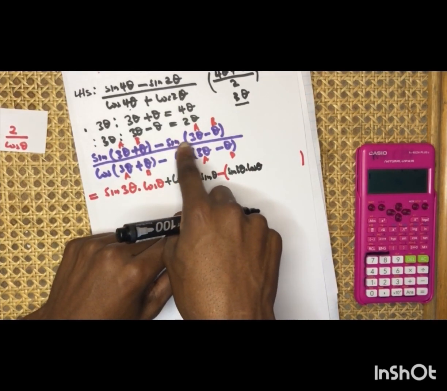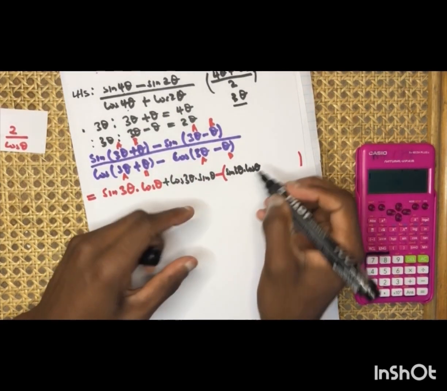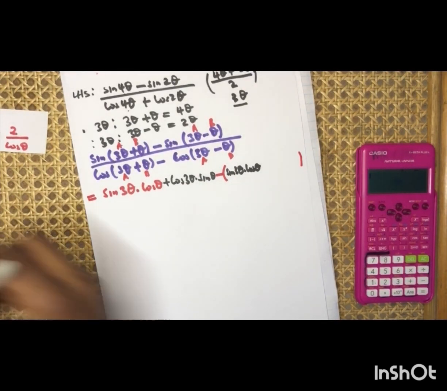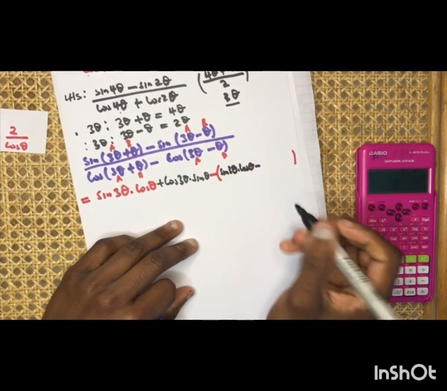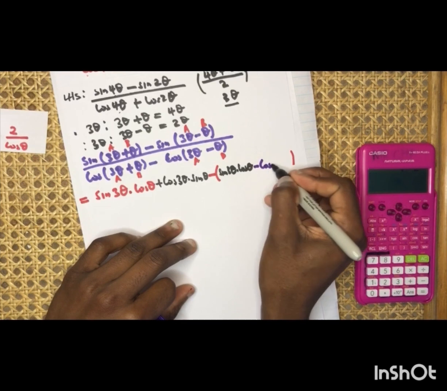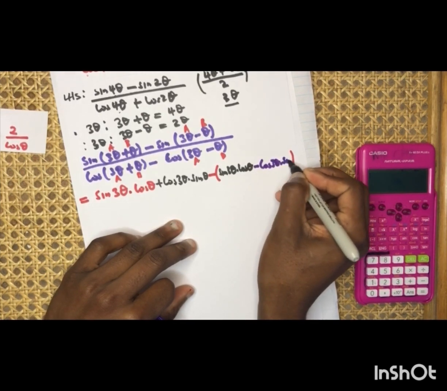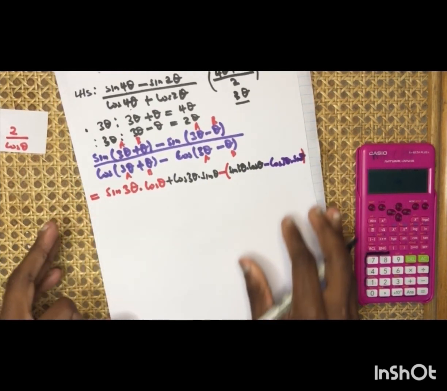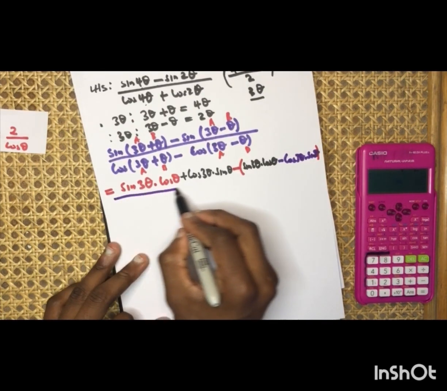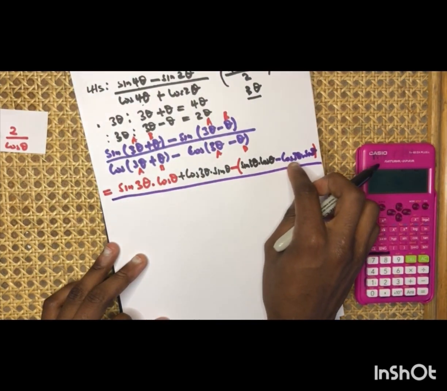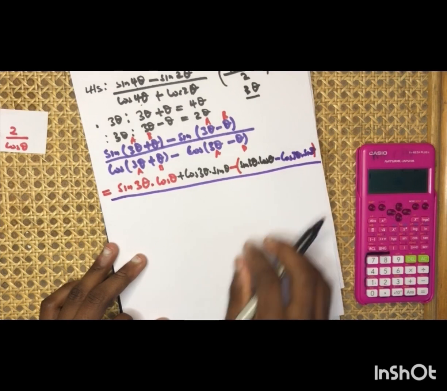Remember, sine keeps the sign. So here I'm going to have minus cos 3 theta sine theta. I ran out of space. I hope that you can see this is cos 3 theta times sine theta.